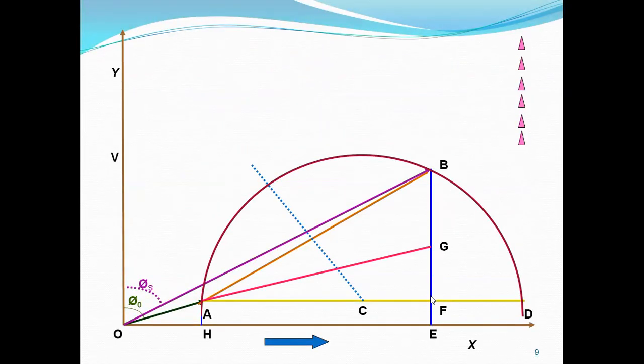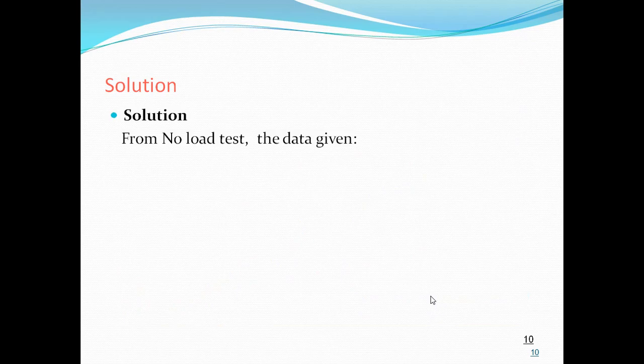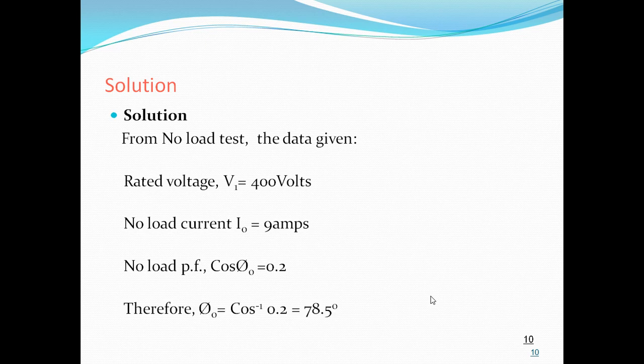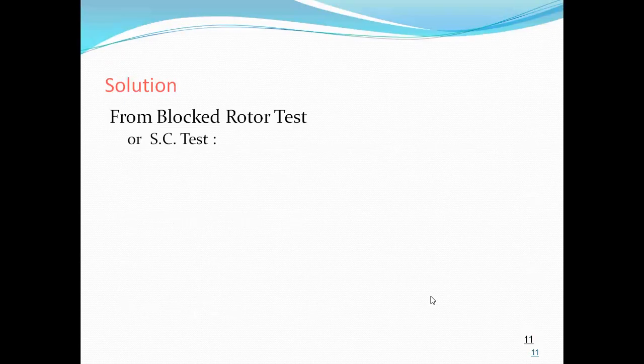So this circle diagram we will draw now. For that, take the no load test, that is V1 is equal to 400 volts, this is line value, and no load current I0 is equal to 9 amps, and given power factor cos phi naught is equal to 0.2. So phi naught is equal to cos inverse of 0.2, that is 78.5 degrees.